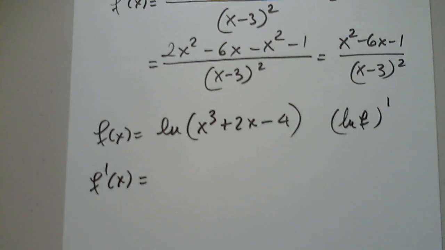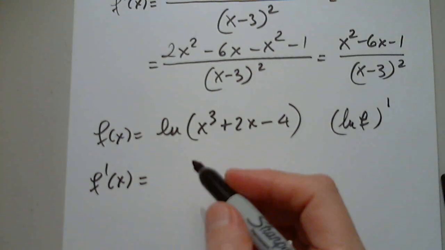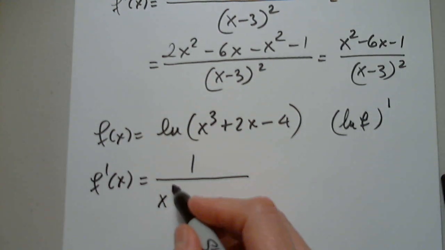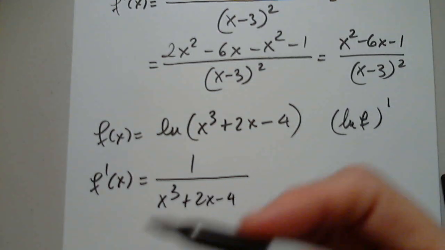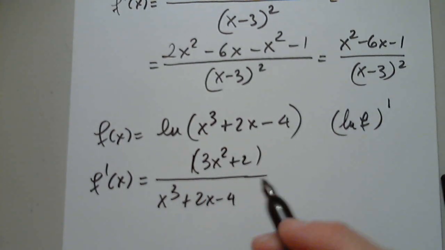Anyone, please? Anyone remembers this rule? Yes? The inner function prime over the original function. Yes, x cubed plus 2x minus 4, with the inner function prime on top, correct, which is 3x squared plus 2. Perfect.